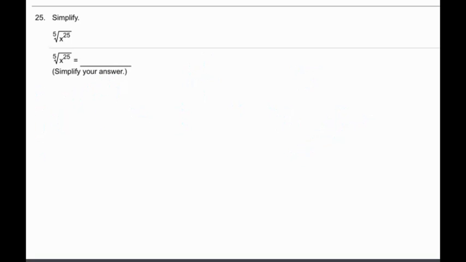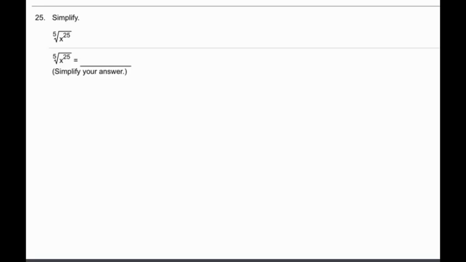Now another way to think about this that I told you about is, whenever you have a variable raised to some exponent, to divide the exponent by the index. This may not be the correct mathematical way to describe this, but it's the same thing that's happening in the previous way that I described it.